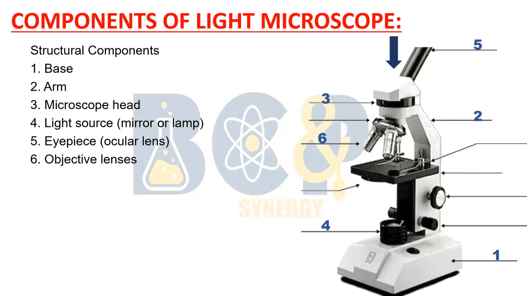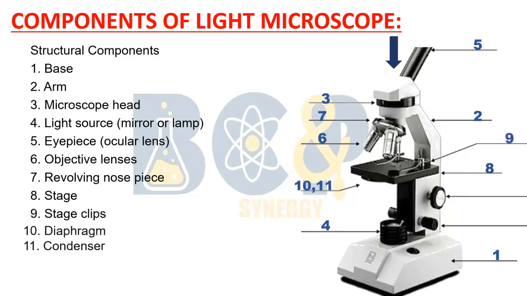Objective lenses can be shuffled with the help of revolving nose piece. Then there is the stage on which the specimen is placed, and this specimen is held with the help of stage clips. There is a diaphragm and condenser below the stage. This is a clear image of diaphragm and condenser.